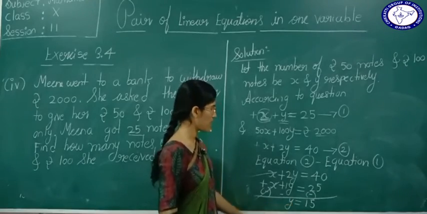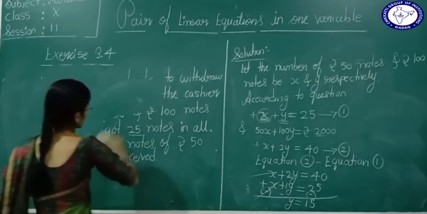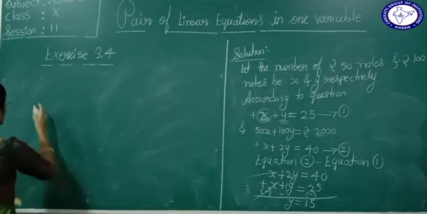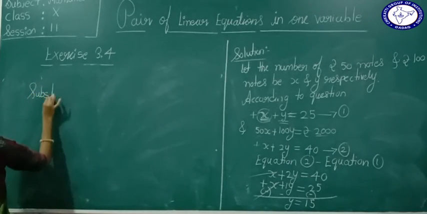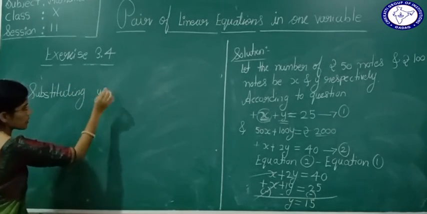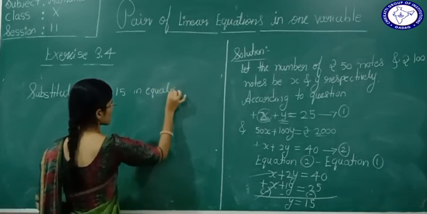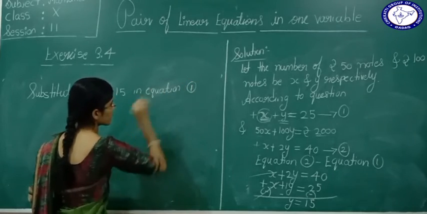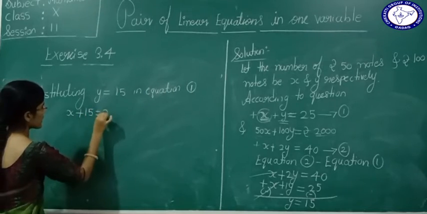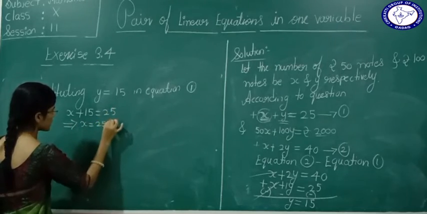Now we got the y value, y is equal to 15. What will we do? Substituting y is equal to 15 in equation 1, x plus 15 is equal to 25. This implies x is equal to 25 minus 15.